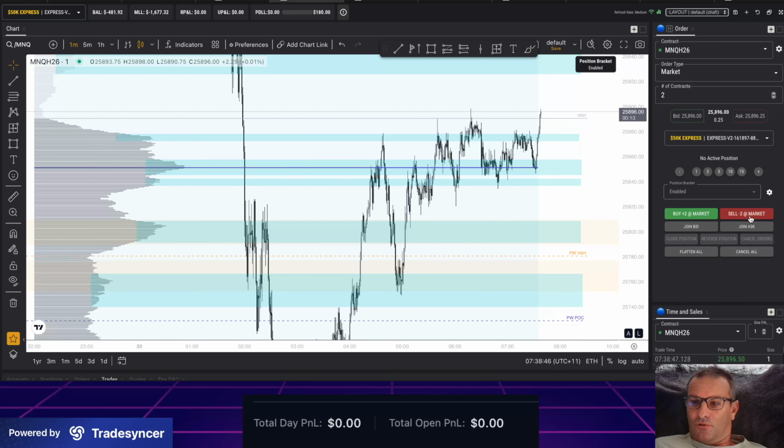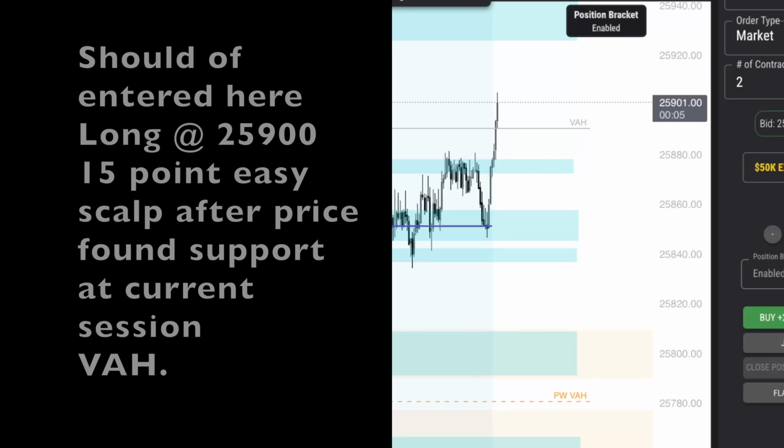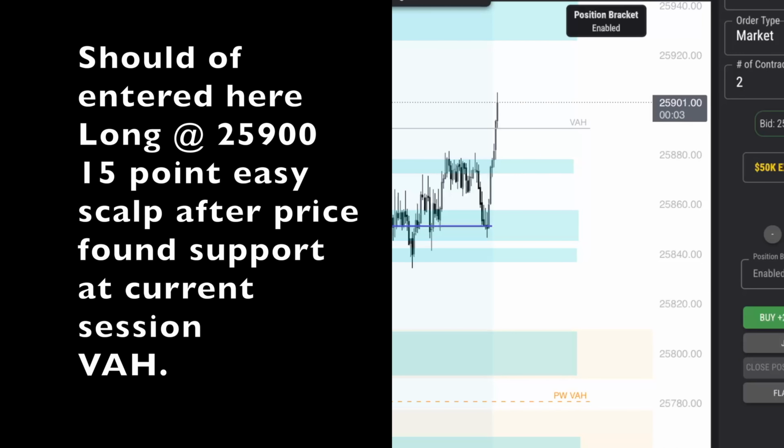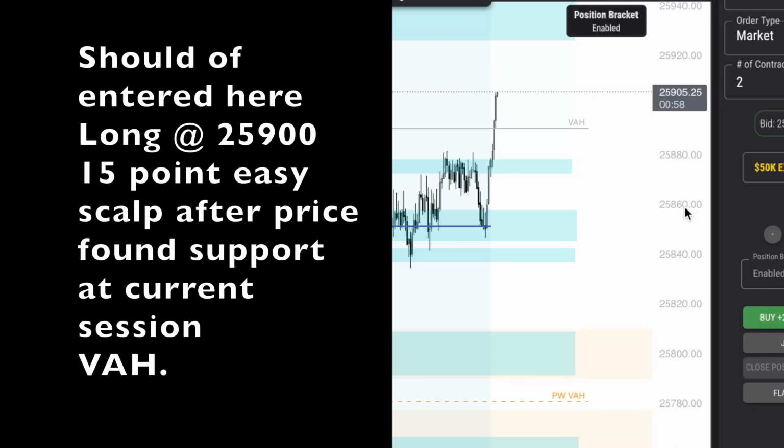May find support off here and keep going. Yep. Very bullish. There are plenty of opportunities to get in there, but really only one confluence.